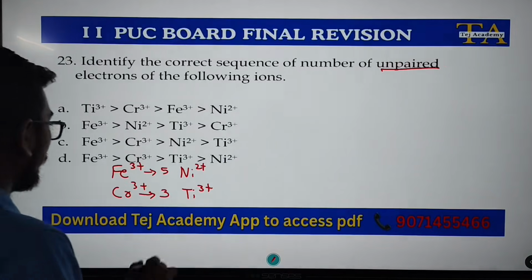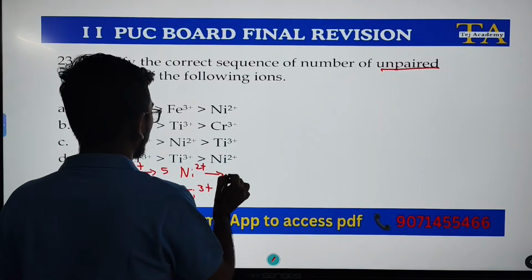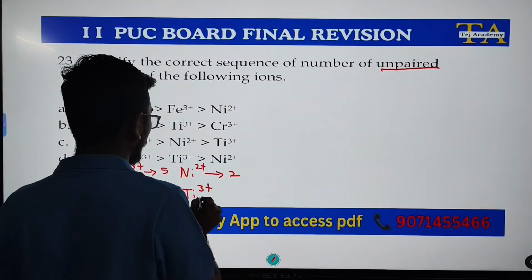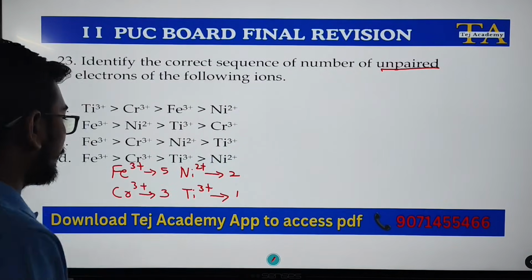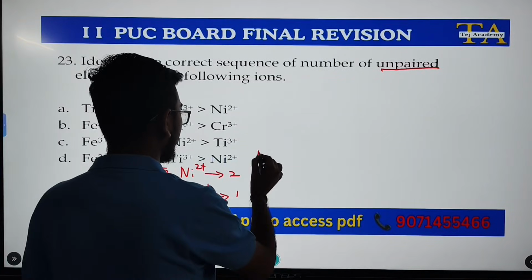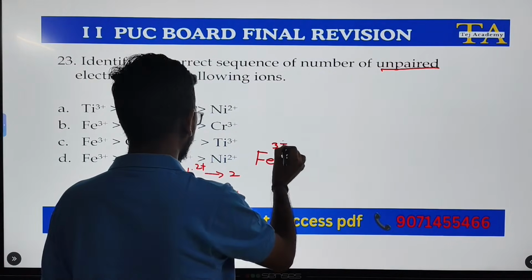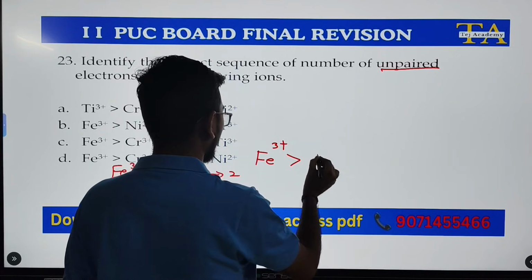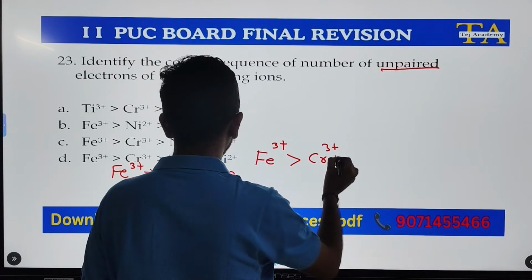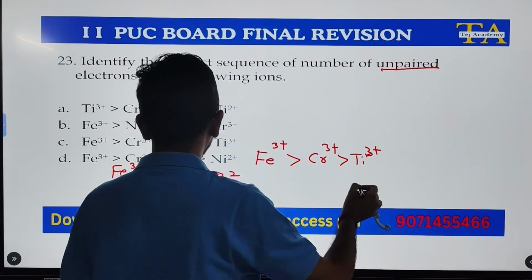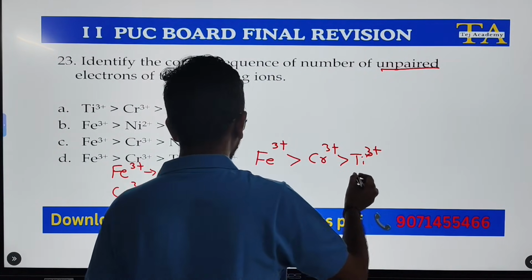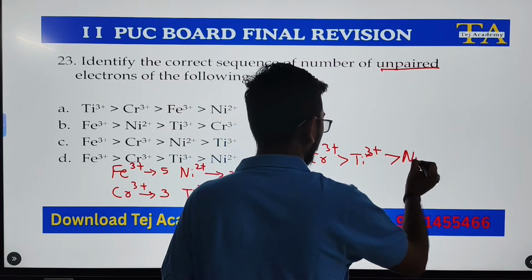For nickel, we get 2 unpaired electrons, and for titanium 3+, we get 1 unpaired electron. So if you arrange, you will get Fe3+, then chromium 3+, then nickel 2+, then titanium 3+.